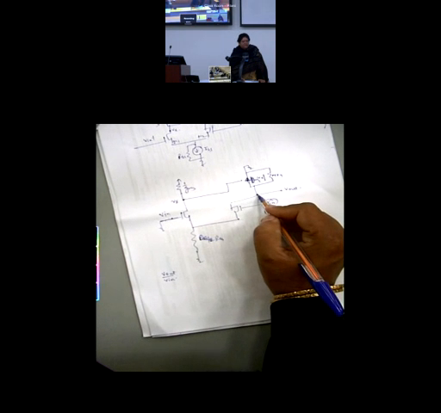In the second case, I will ground this, apply V in here and find out the value V out by V in, and then we use the principle of superposition. In both cases, find out V out by V in and simply add with proper polarity. So you will get the net result V out by V in, which will be your ACM.